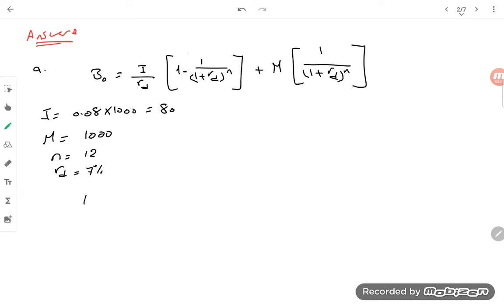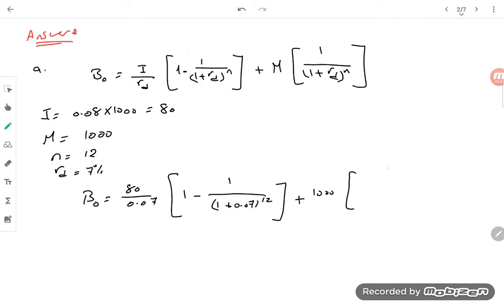So in this case, bond value will be 80 over 0.07 multiplied by 1 minus 1 over (1 plus 0.07) to the power 12, plus 1,000 multiplied by 1 over (1 plus 0.07) to the power 12.